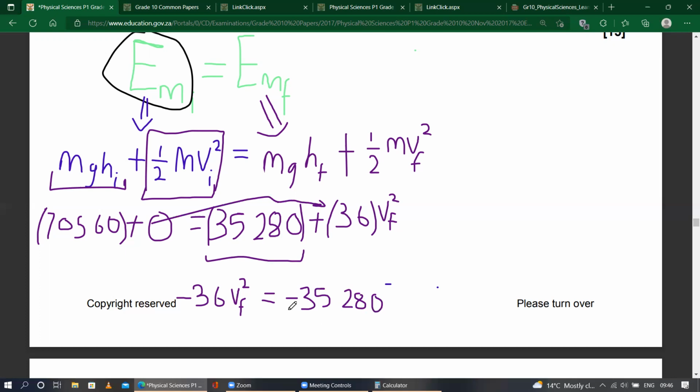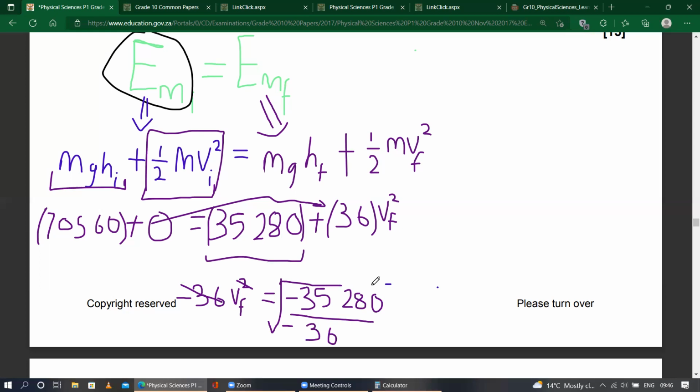So we're gonna have it like this, then divide it by negative 36. You see? Now this negative 36 is out, and to take out this square, you have to square root.